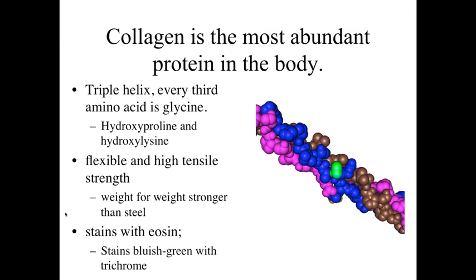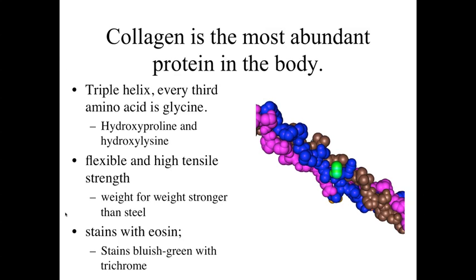That's important because it's very, very small, which means it doesn't take up a lot of space, and this collagen molecule can twist around very, very tightly. There's going to be a lot of hydroxyproline and hydroxylysine within the collagen. That's an identifying characteristic of a collagen molecule. It is basically a triple helix, three amino acid chains twisted around one another.